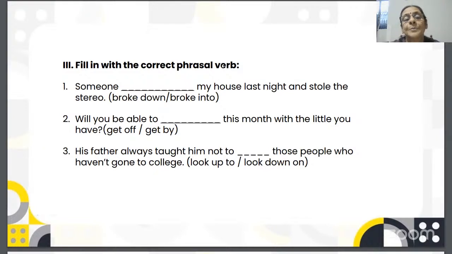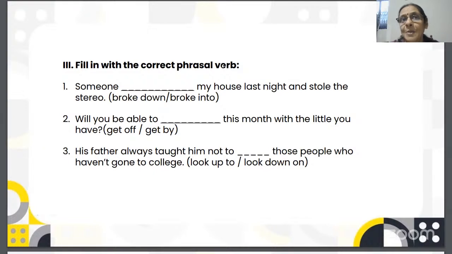So it means that someone looted your house last night. So the correct phrasal verb is broke into. Yes, correct. Someone broke into my house last night and stole the stereo. Broke into means forcefully the person entered the house and stole the stereo.